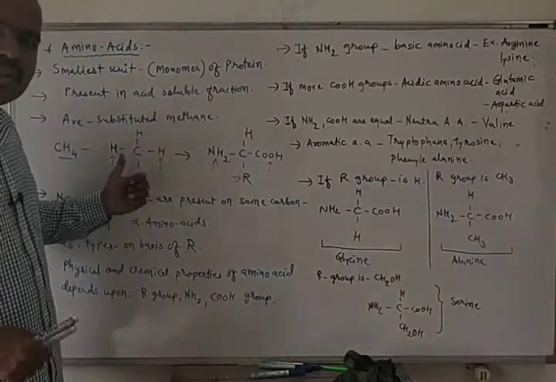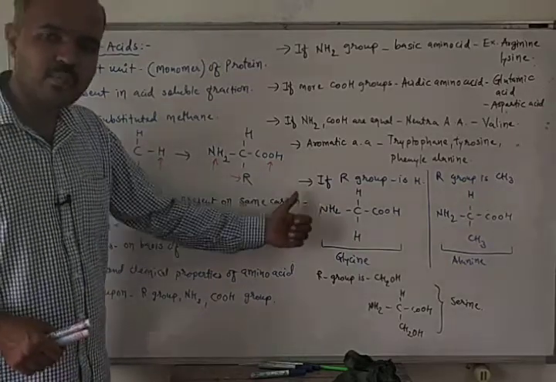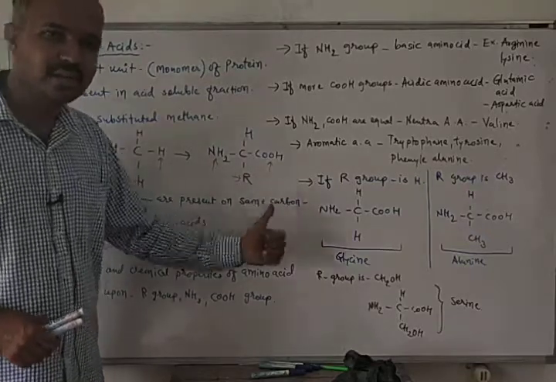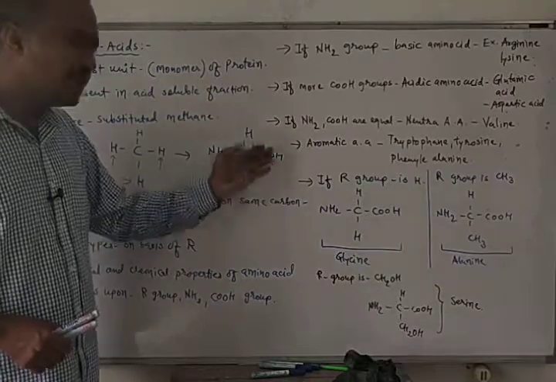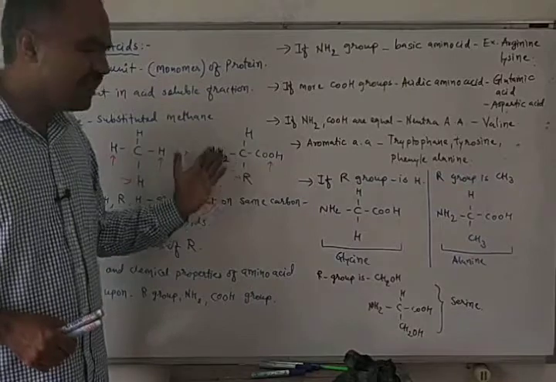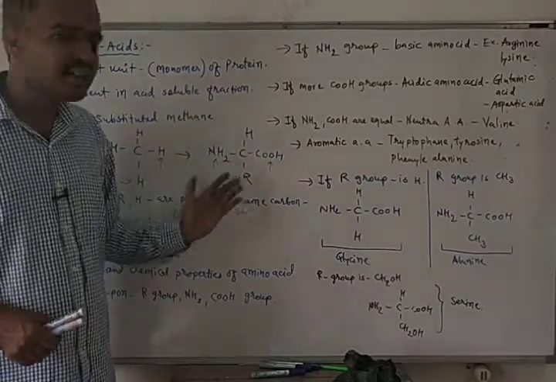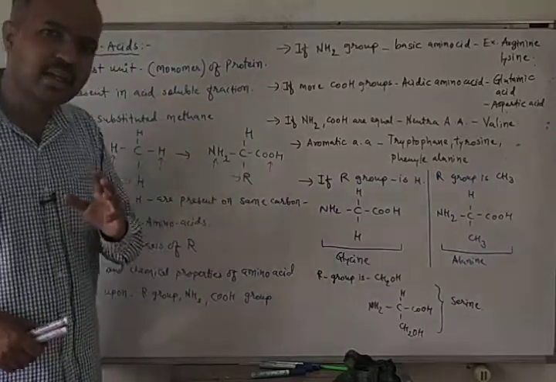When we substitute the 3 hydrogens of methane with amino group, R group and carboxyl group, we get this structure, known as amino acid. The amino group, R group, carboxyl group and hydrogen are present on the same carbon, and that's why we call this carbon alpha carbon and this amino acid alpha amino acid.